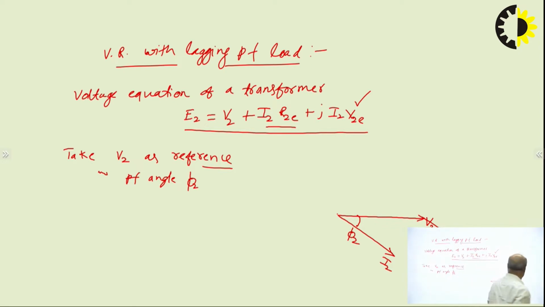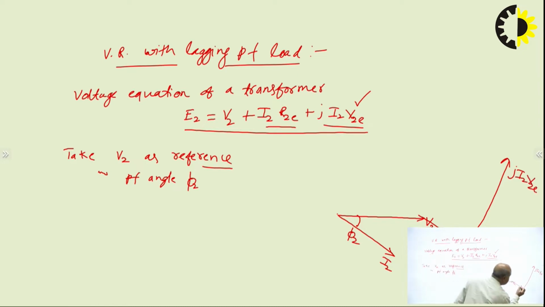Now we have to add this j I2 X2E to this phasor to get the phasor equation. So what we will do? For j I2 X2E, we will draw a phasor at 90 degrees to this direction, anti-clockwise. This will be the direction of j I2 X2E.